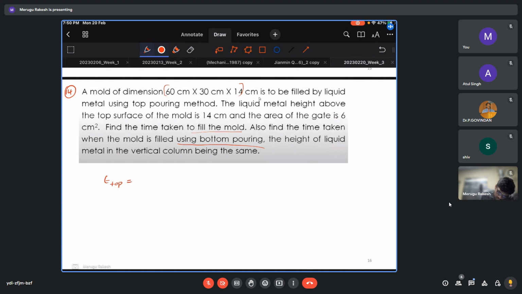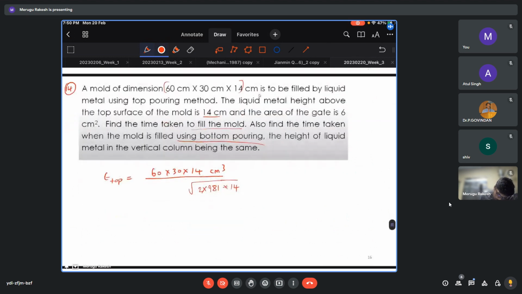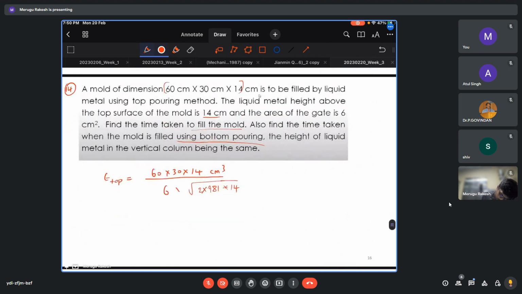we have volume that is 60 into 30 into 14 centimeter cube. Area of the gate is given as 6 centimeter square.